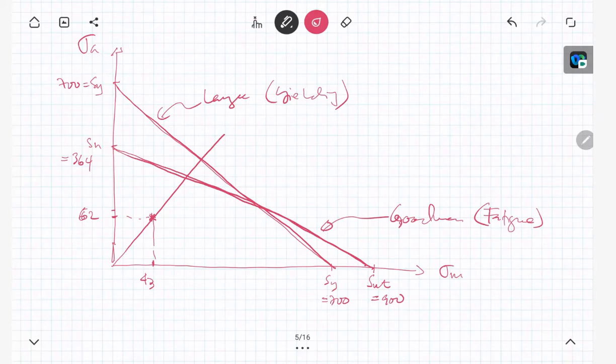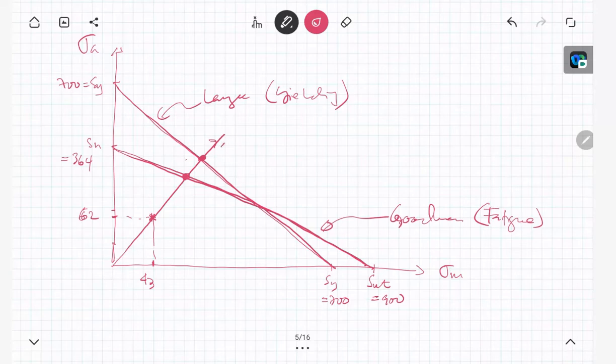This is the maximum where the component could fail. Okay, this is equal to 1. This is the maximum for Langer. Beyond this, it will fail due to Goodman. But beyond this, it will fail due to the Langer.